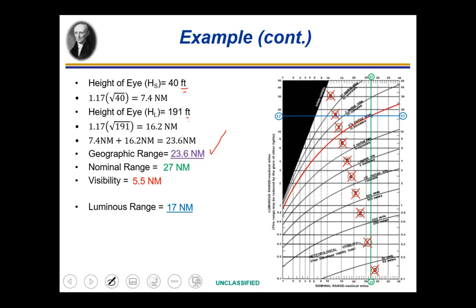So we determined from a 27 nautical mile nominal range with a meteorological visibility of 5.5 nautical miles, a luminous range value of 17 nautical miles. Now remember, computed visibility is always the lesser of the two values, luminous and geographic ranges. So the lesser of these two values is 17 nautical miles for your computed visibility of Pensacola light.